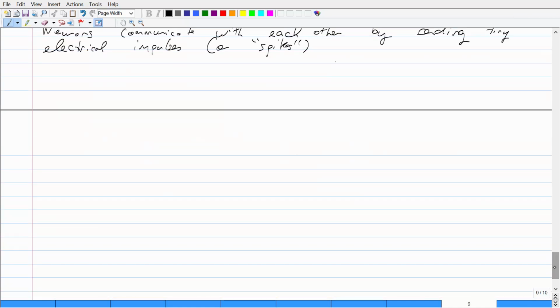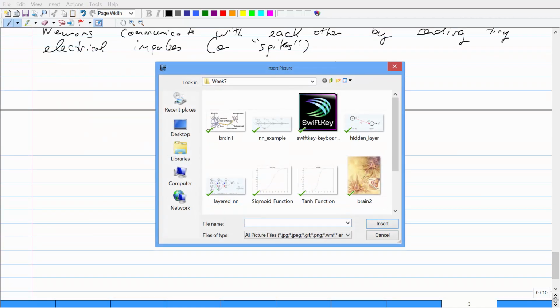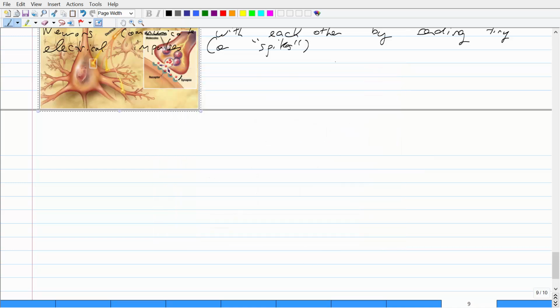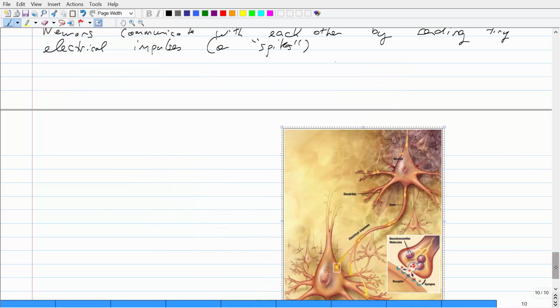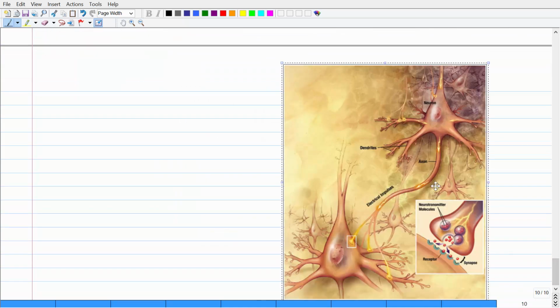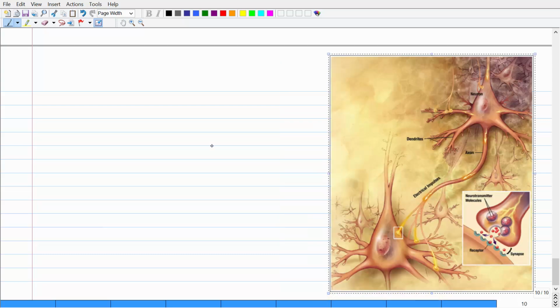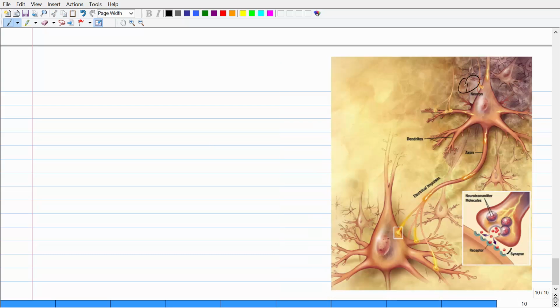Here's a little blown up diagram of a network of neurons being connected together. So this is also pretty cool. Okay, so what's going on here? Let me call this neuron 1, and we can call this neuron 2. Basically, neurons communicate with each other by sending tiny electrical impulses. In this case, neuron 1 is sending a signal to neuron 2.